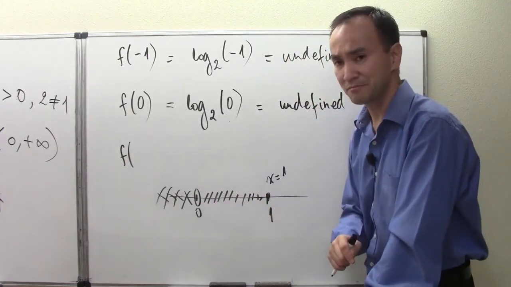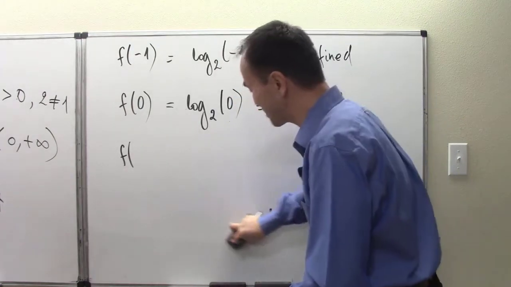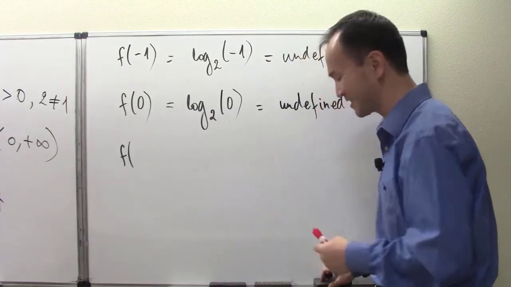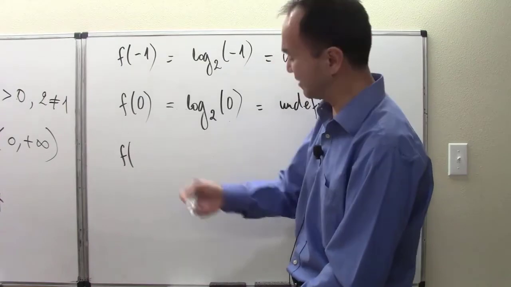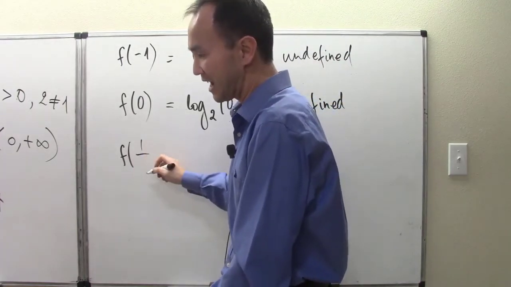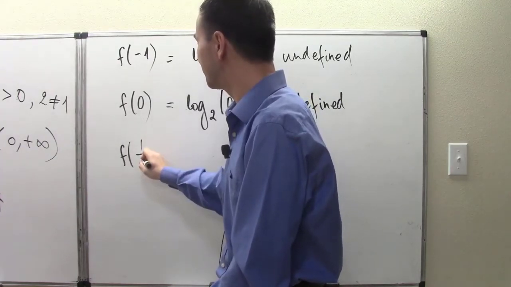Back to what I was saying, it's not going to look pretty in the sense that in the interval between 0 and 1, if we pick a value, it has to be a fraction. How about here? Let's look at 1/2.